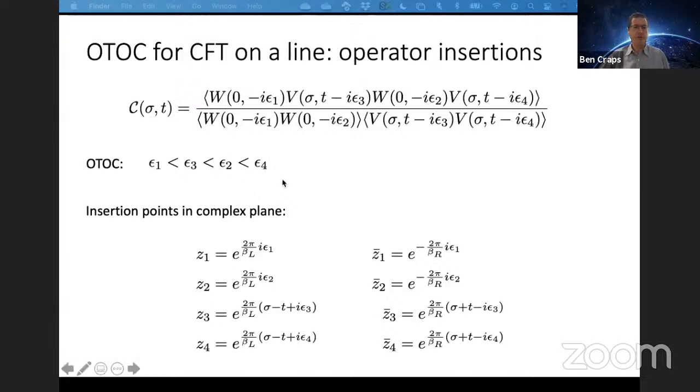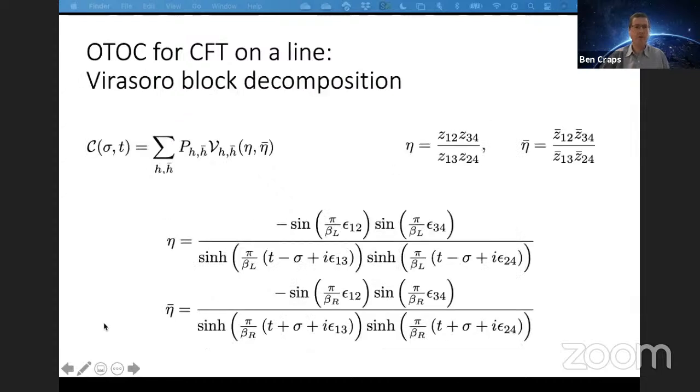So to do the computation, you use the cylinder to plane map I mentioned before. So here I just plugged in the various insertion points. And then we will use Virasoro block decomposition, which was also used in the early results by Stanford and Roberts and other papers.